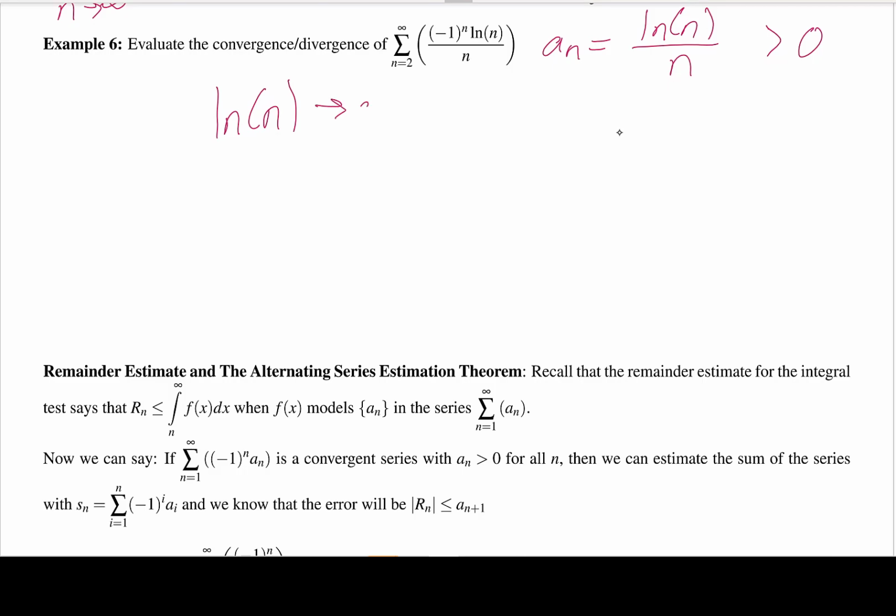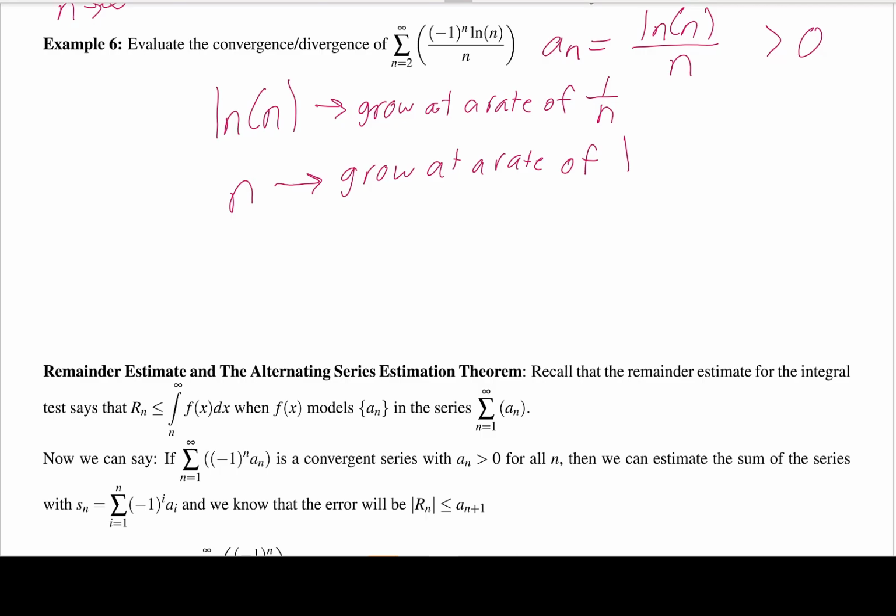So this is going to grow at a rate of 1 over n, because that's the derivative. Okay? And then n, well, that's going to grow at a rate of 1, because that's the derivative of n.